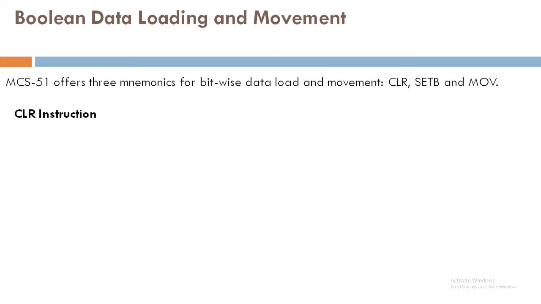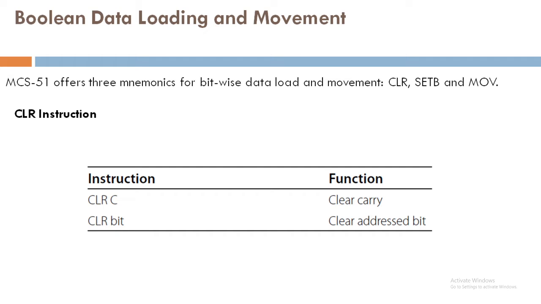Now MCS 51 offers three mnemonics for bitwise data load and movement operations: CLR, SETB and MOV. If we are talking about the CLR instruction, which is a clearing operation, CLR C clears the carry, and CLR bit clears the addressed bit.